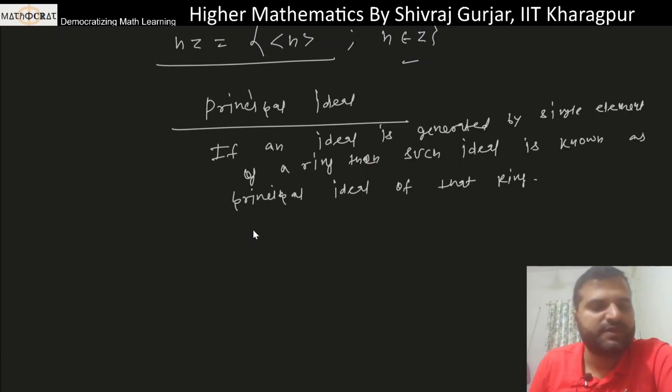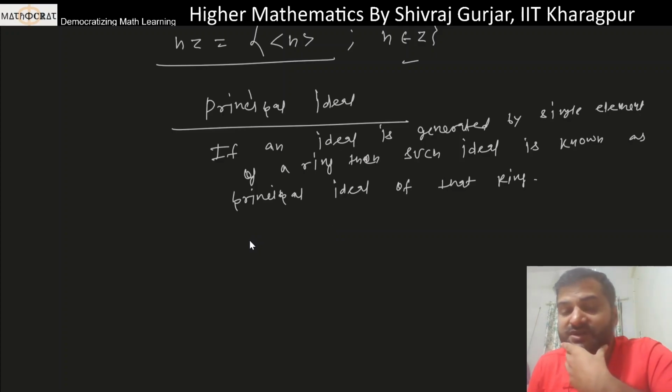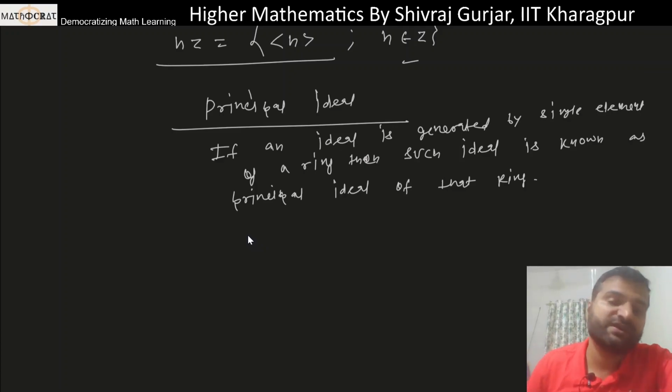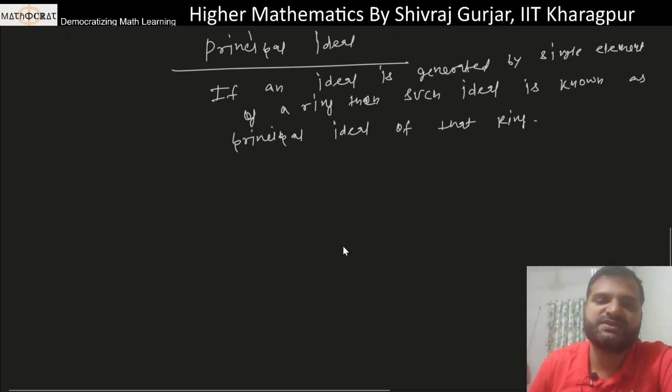Okay, if only one element is able to generate the given ideal, then we say that ideal is in fact a principal ideal. So what will its definition be?